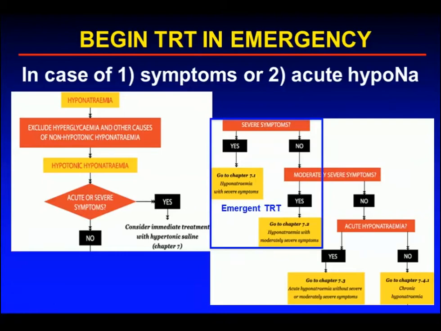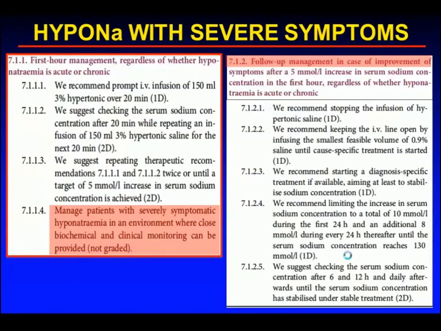We are going to see rapidly which one. If you have moderate symptoms, you also have an emergent treatment. And if not, you have to consider if it's acute or not, and then decide on your treatment.